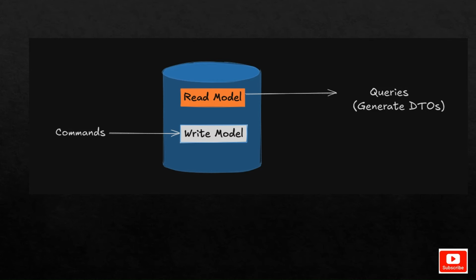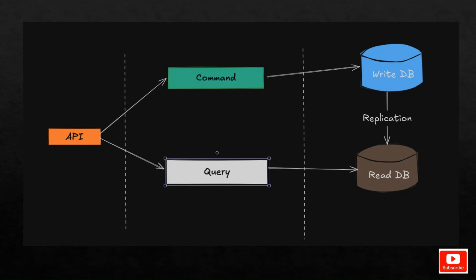To solve this problem, we came up with a pattern called the CQRS pattern, where we separate the read and write model. For the read model we use queries and for the write model we use commands. Here in this diagram we can see we have an API which will use commands, and the command model will write to the write DB.